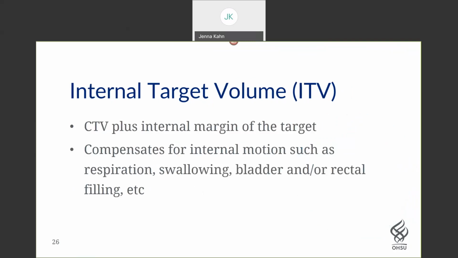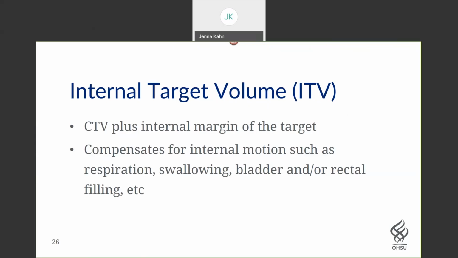There is an internal target volume, or an ITV, which is your CTV plus an internal margin of the target. That allows for compensation of internal motion, such as respiration, swallowing, bladder, and/or rectal filling. So an example would be a lung cancer.